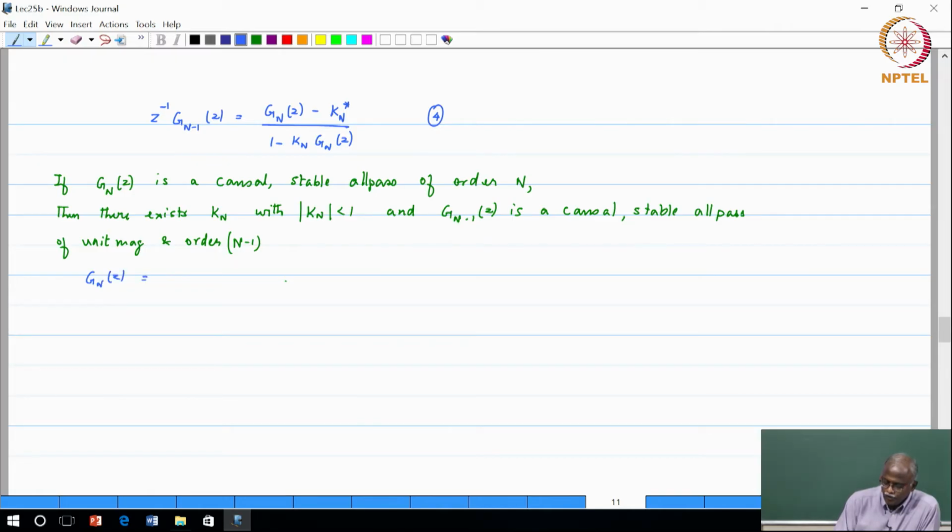is of the form b subscript n of z, just to indicate the order of the polynomial. The numerator would be z power minus n b n tilde of z.